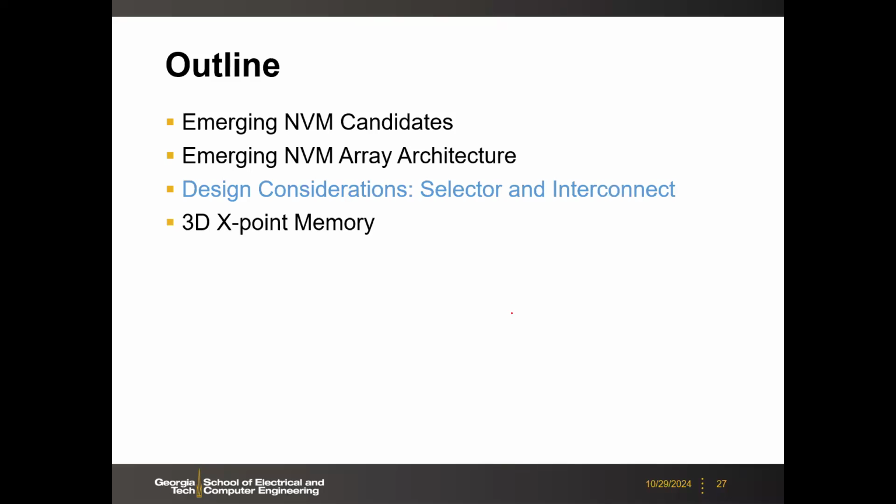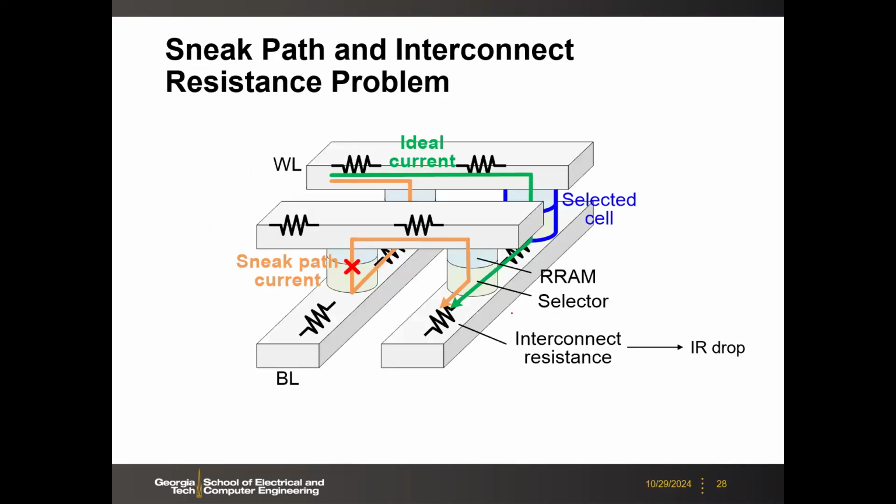So then let's talk about the selector and the interconnect resistance or parasitics in this cross-point array, which is important. The problem with this cross-point array is that we have so-called sneak paths, and also the interconnect resistance. Because you have those wires, the word line, bit line, the wires will have some wire resistance because the metal is not perfect.